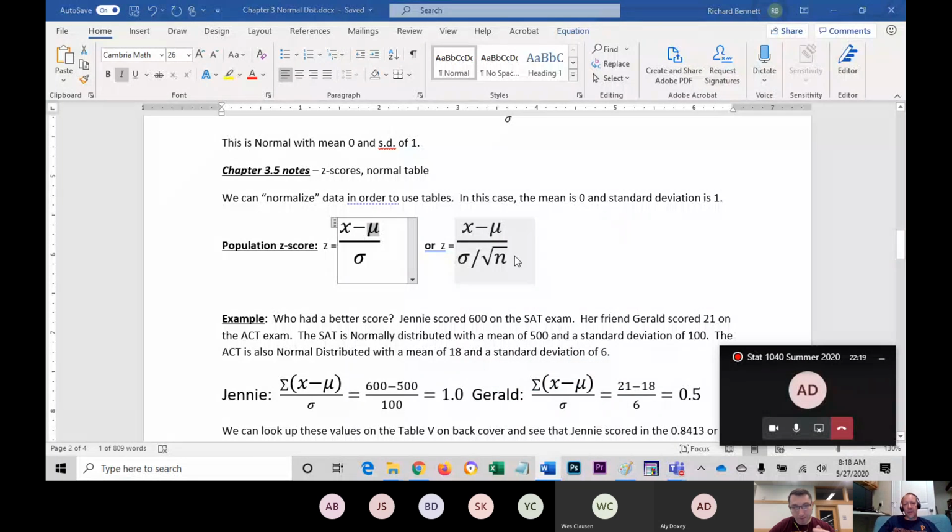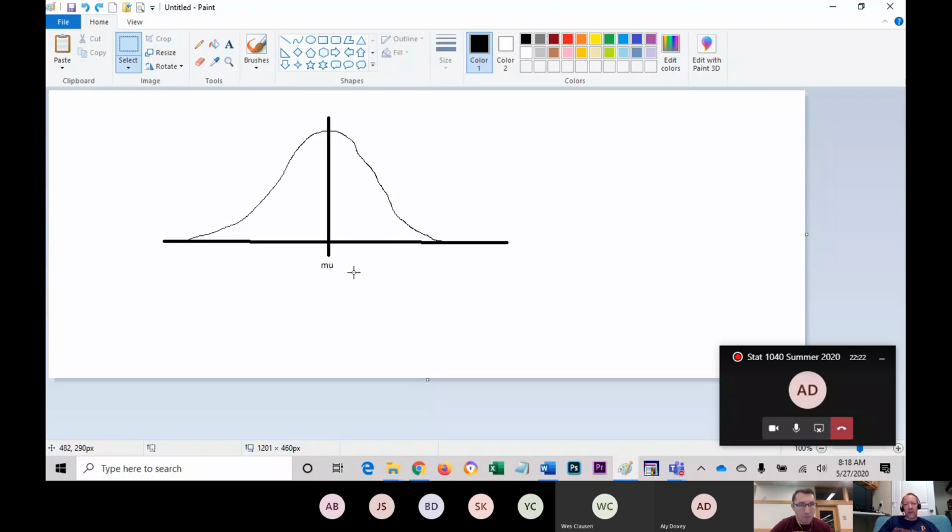And so it's hard for me to write in Greek, so I'm going to put mu for mu, but that's the Greek letter mu.